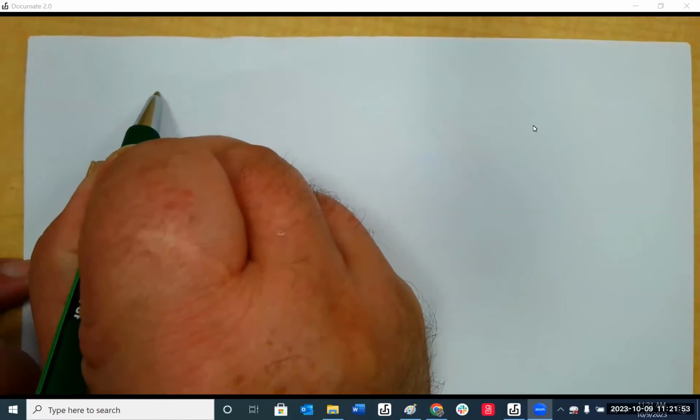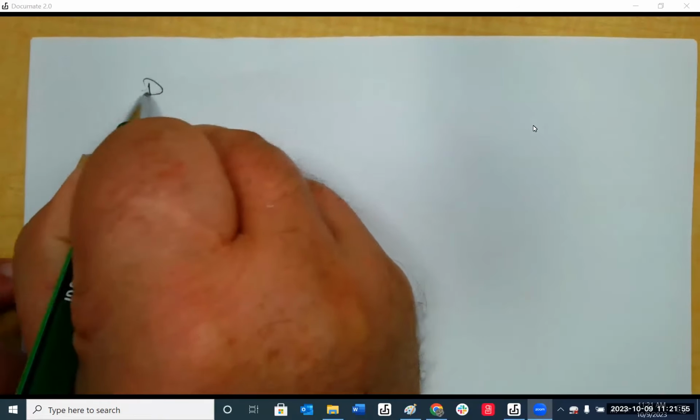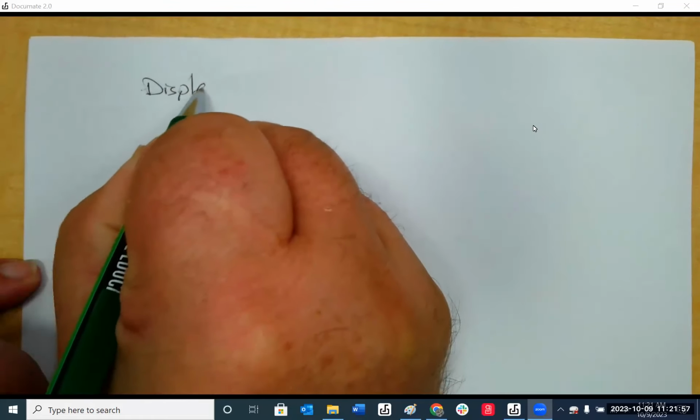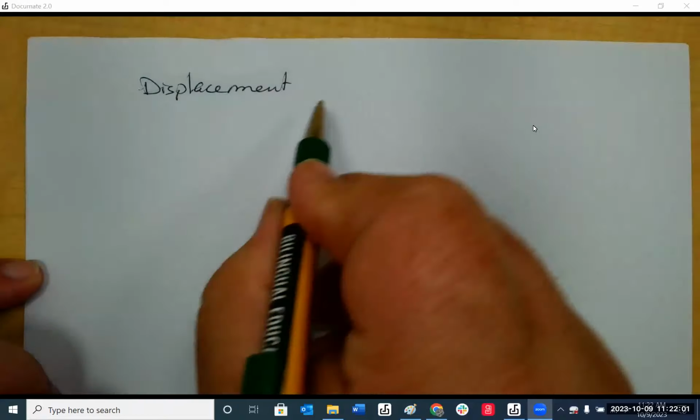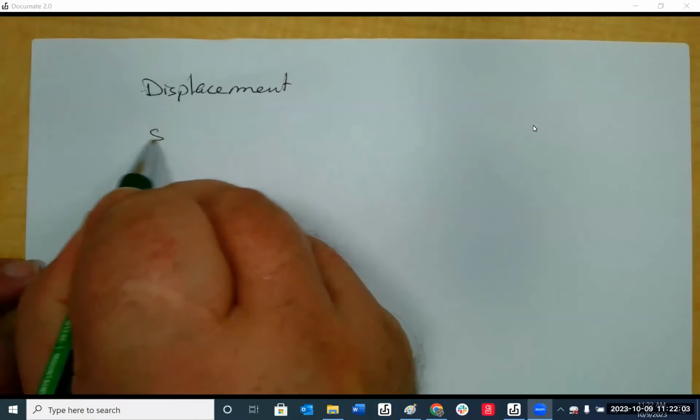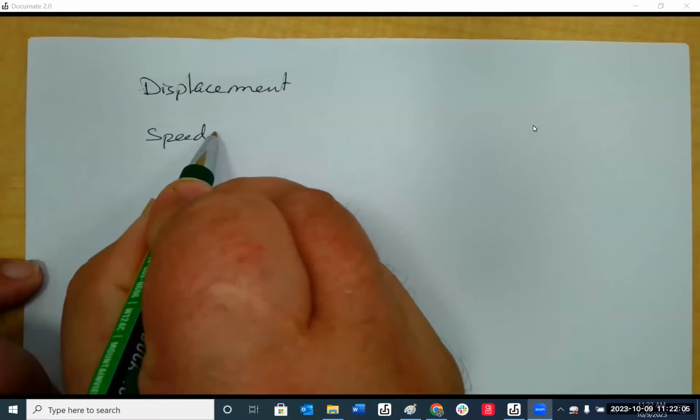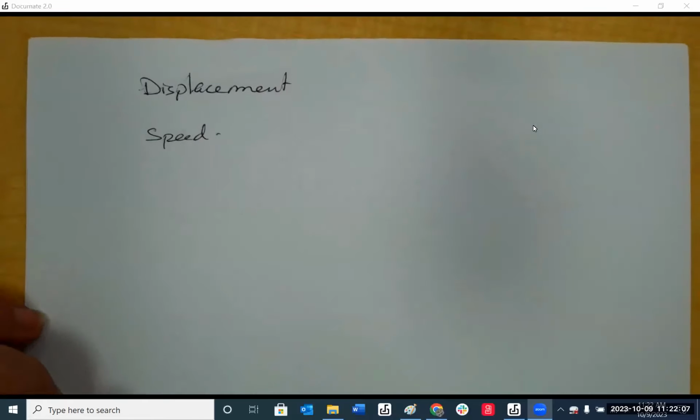But now what is speed? We talked about displacement. What is speed? It is a rate.